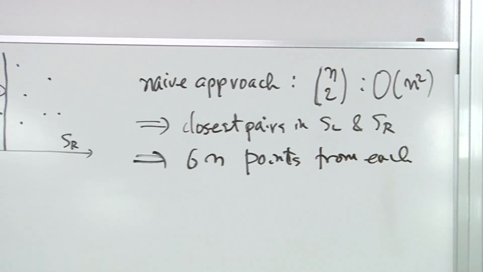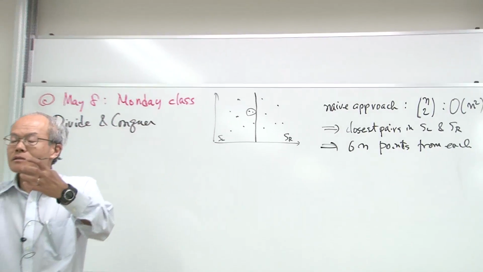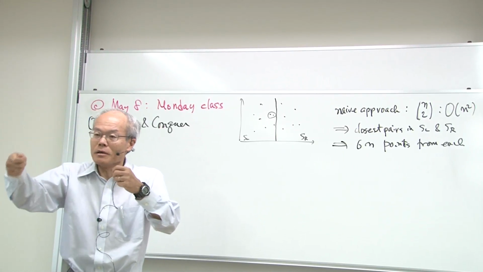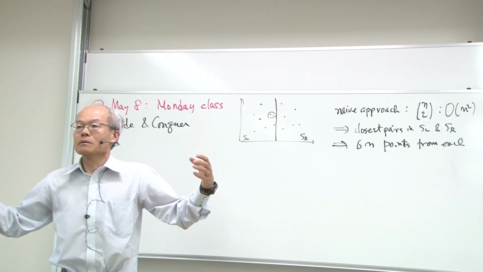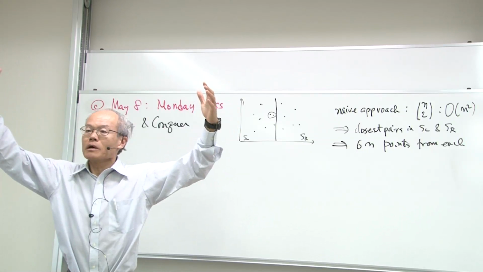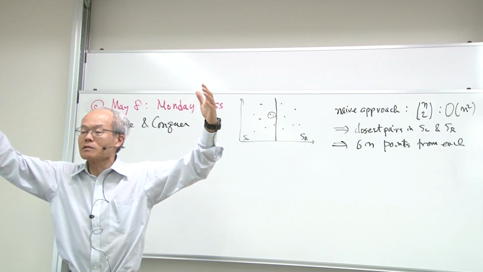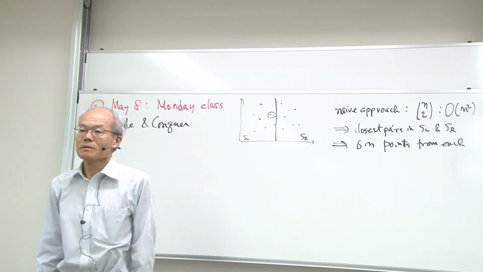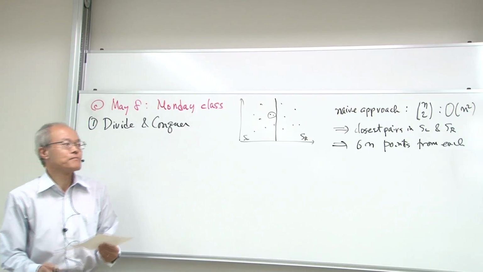Now you look at one point, then you can squeeze the possible points for your pair. Your possible pair might be any of the other n-1 points, but you can reduce the candidates from n-1 to only 6 by doing this. This is a really, really good, clever idea.